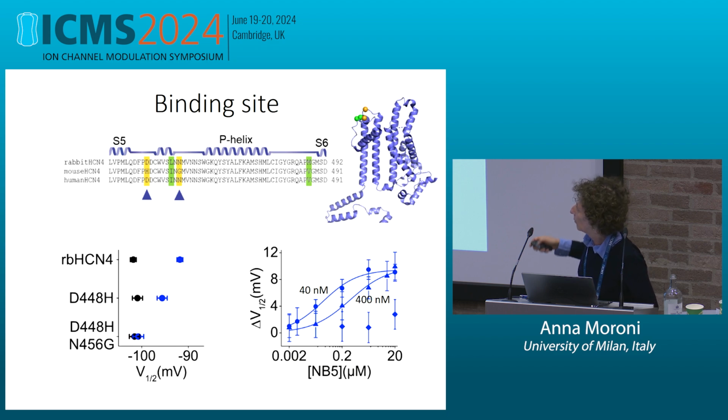And this is what we see in our functional data. So we mutated, obviously, the 2 amino acids, reverting to the mouse ones. And already the reversion of 1 gives half of the effect on the shift of the nanobody, and both of them eliminate the effect of the nanobody. And these are the corresponding dose response curves. We go from 40 nanomolar to 400 with 1 mutation, and we go to basically non-responding with a double mutation.